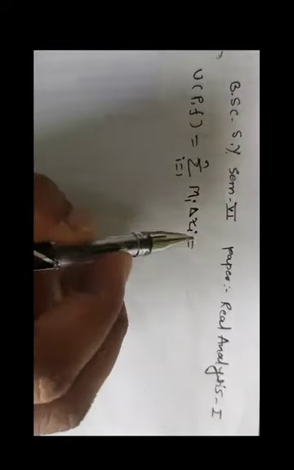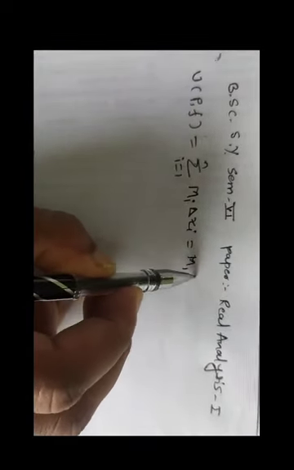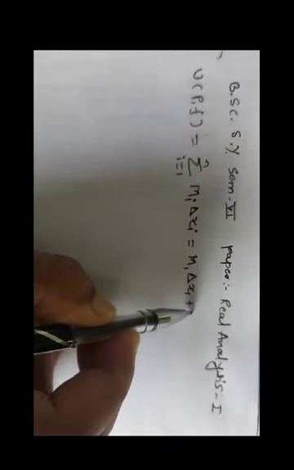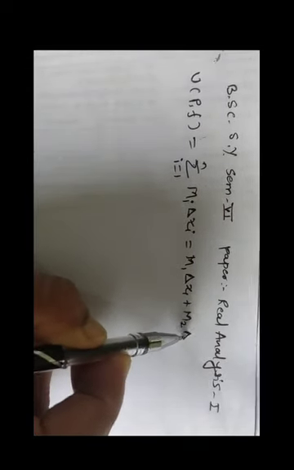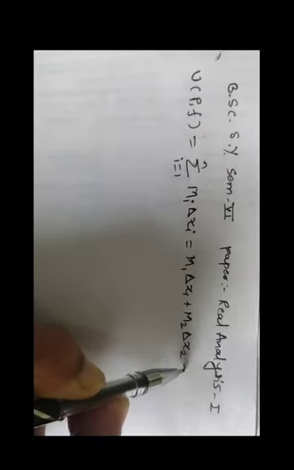This is nothing but capital M1 delta x1 plus capital M2 delta x2, up to the nth term, capital Mn delta xn.